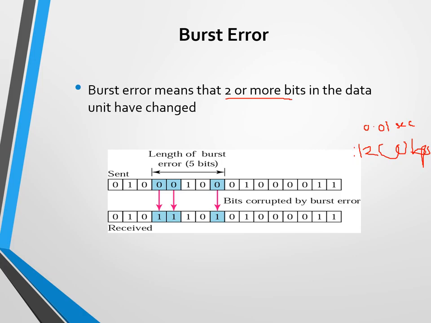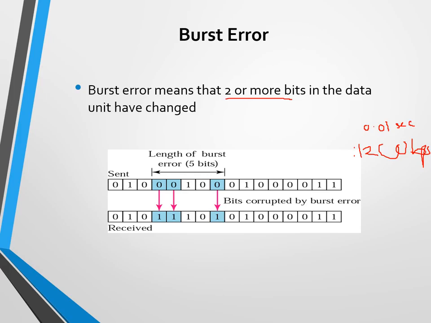The term single bit error means that only one bit of a given data unit, such as a byte, character or packet, is changed from 1 to 0 or 0 to 1. In the burst error, the term burst means that two or more bits in a data unit are changed from 1 to 0 or from 0 to 1.